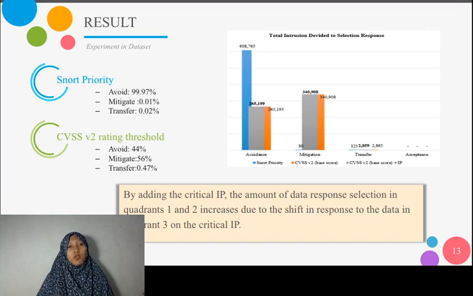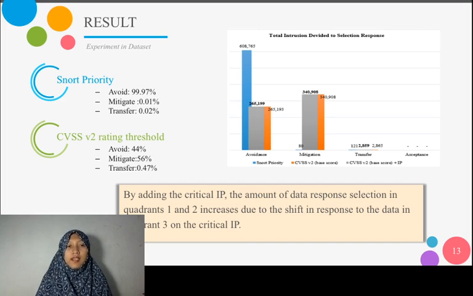But when we use CVSS as base score metric, we only avoid 44%, but mitigate increases to 56% and transfer less than 1%.